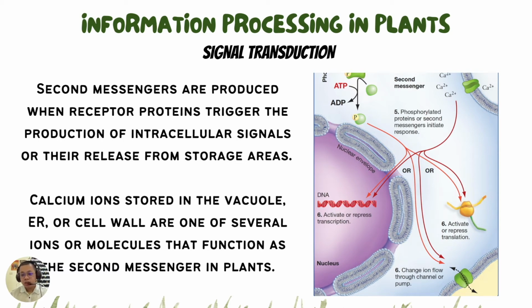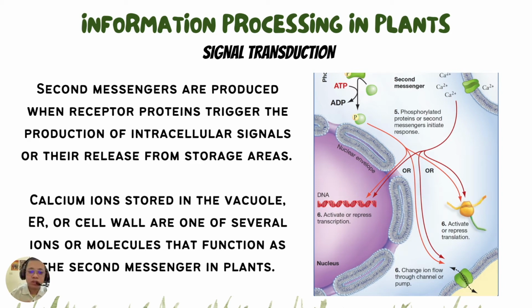The process by which DNA is copied to RNA is called transcription, and that by which RNA is used to produce proteins is called translation. So as you can see here, the ions activate or repress the transcription, or they will activate or repress the translation, and then they can change the ion flow through channel or pump.